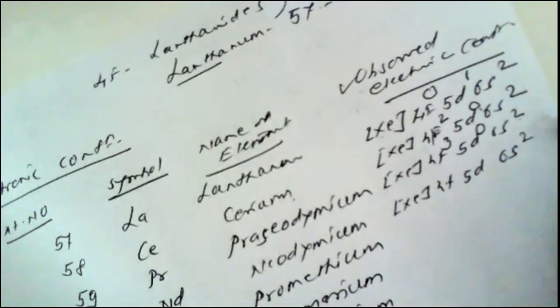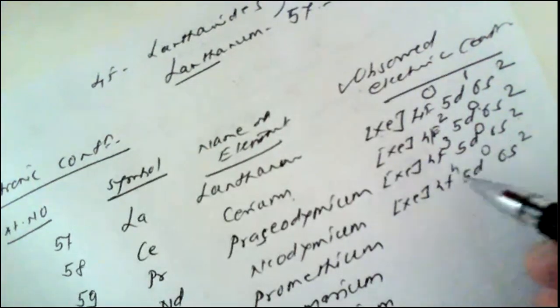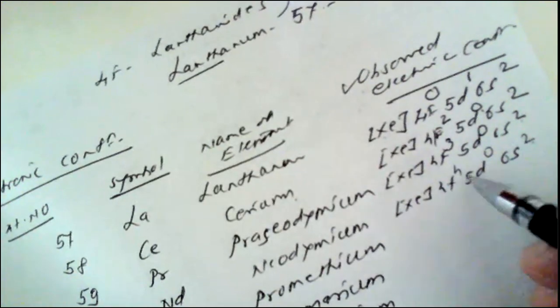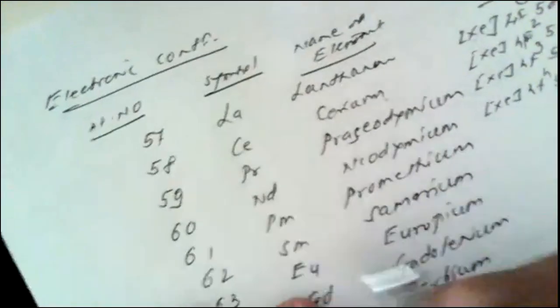For neodymium, there is no question; we can write directly 6s2, 5d0 and 4f4. So 56 plus 4 is 60.